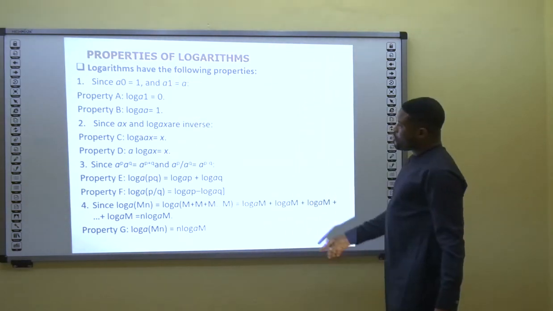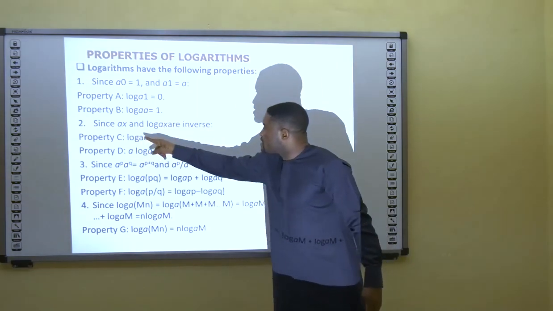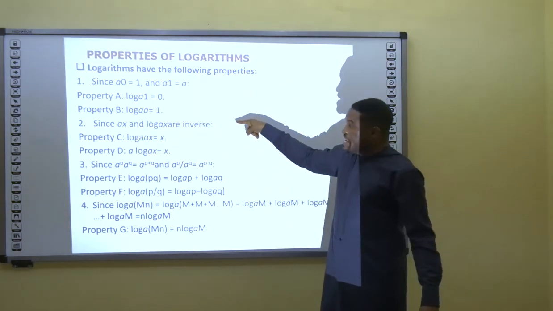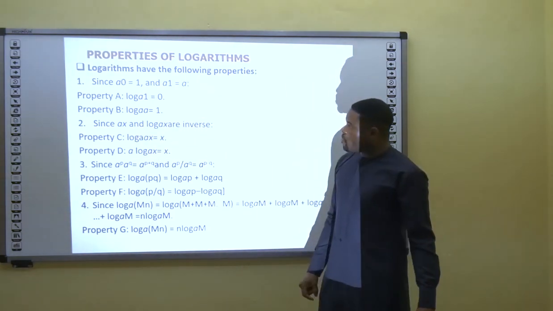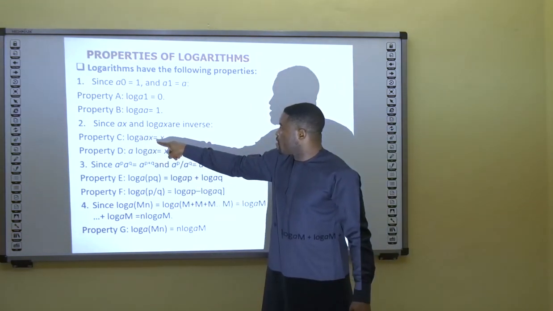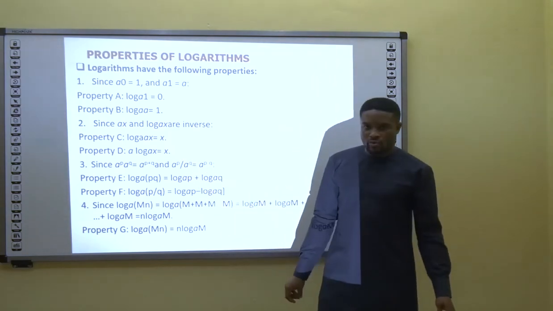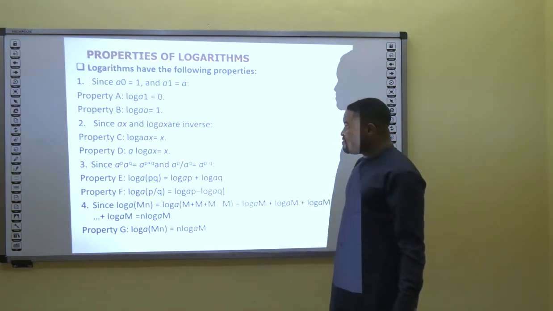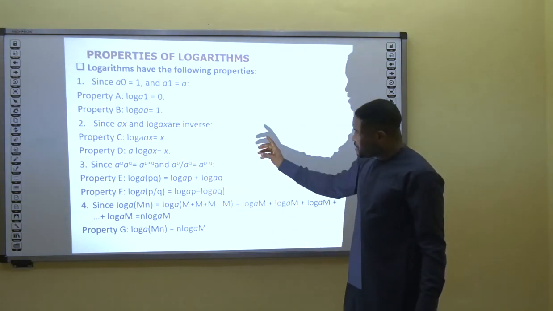So the second property is that since a^x and log a are inverses, as discussed in 1, then property c is that log a of a^x will be equal to x when you take the inverse order of it. That's the second property.